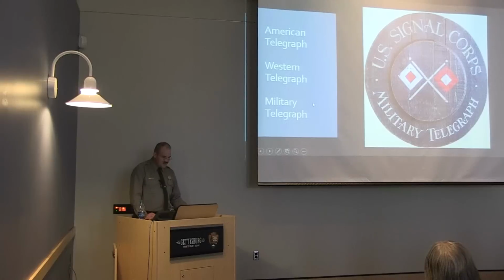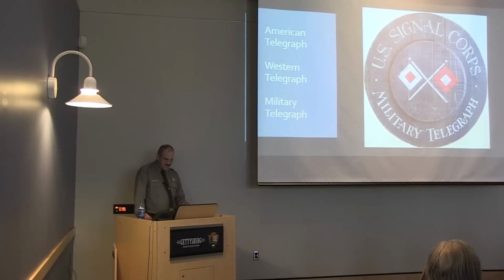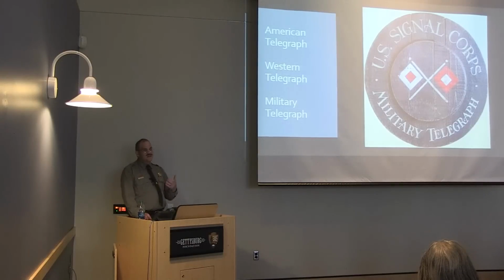And then as we continue to talk about the first modern war, and I look at the clock and time's just running away from me here, there were two private companies that immediately helped out the armies, and one was the American Telegraph Company, the other the Western Telegraph.